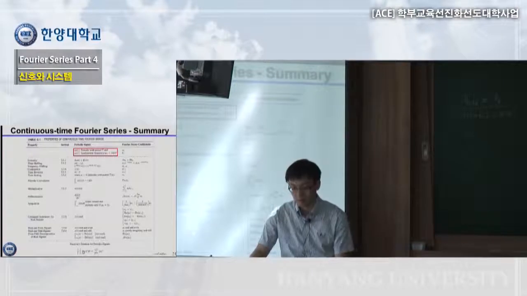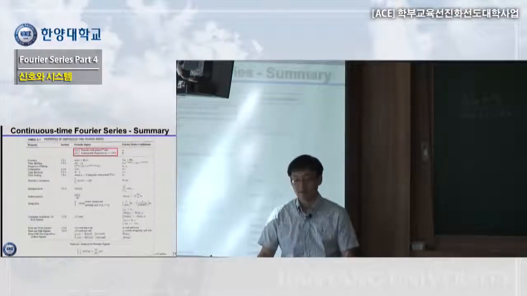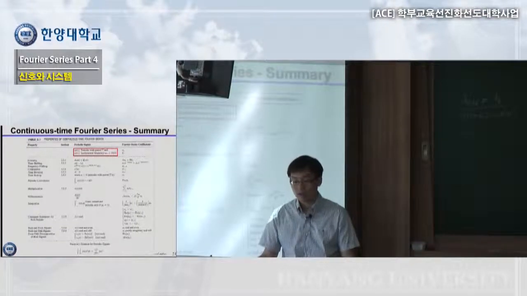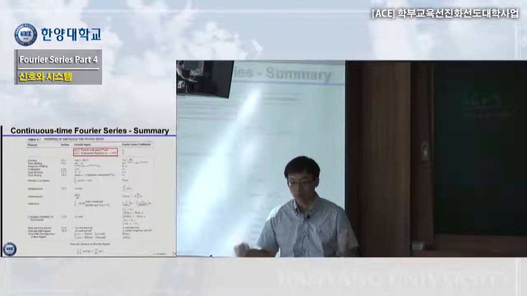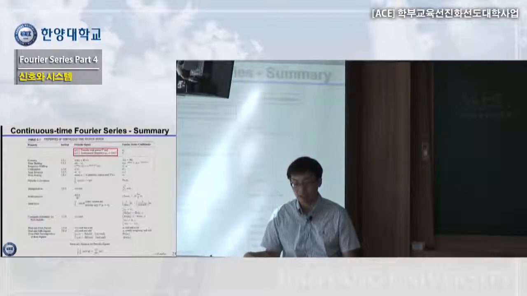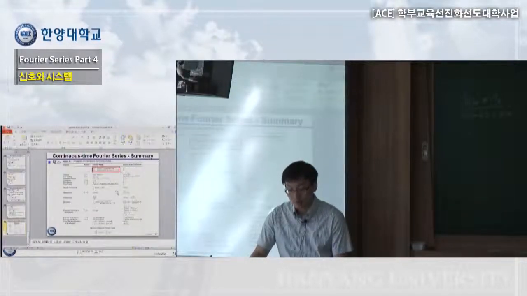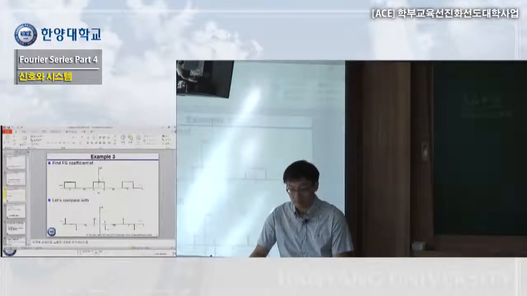Those are very helpful. In case of continuous time, we are adding from minus infinity to infinity. So there's a chance that those minus infinity to infinity additions may not converge, which we will briefly discuss in the next lecture.